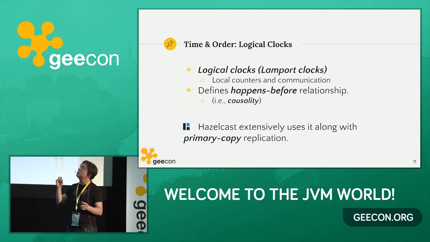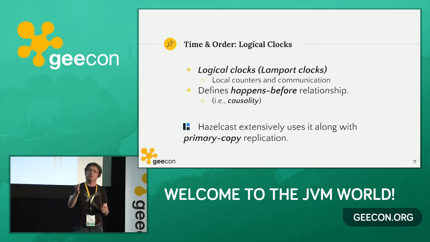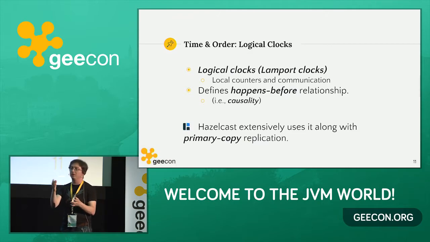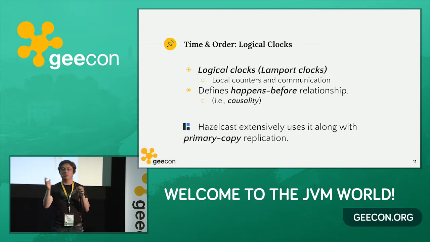So it defines the happens-before relationship, which is also called causality, because in distributed systems, we generally think that if two events occur in some order, the first event causes the second one. This is why we call it causality. And the algorithm guarantees that if your events have this happens-before relationship, their logical timestamps will be correctly ordered. I will not go into details, but this is the idea.